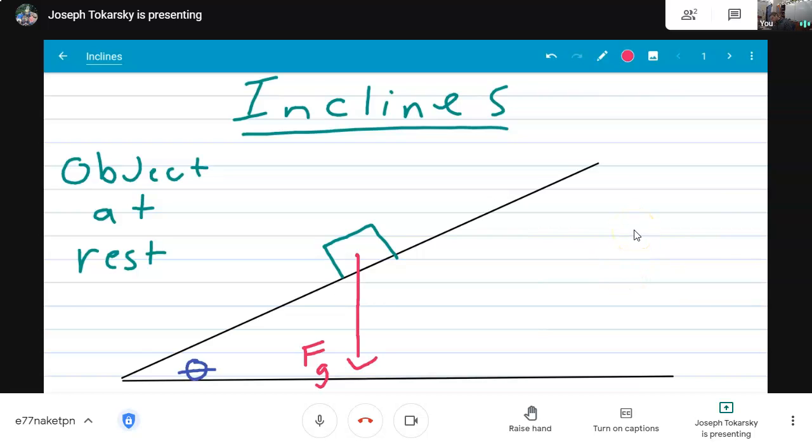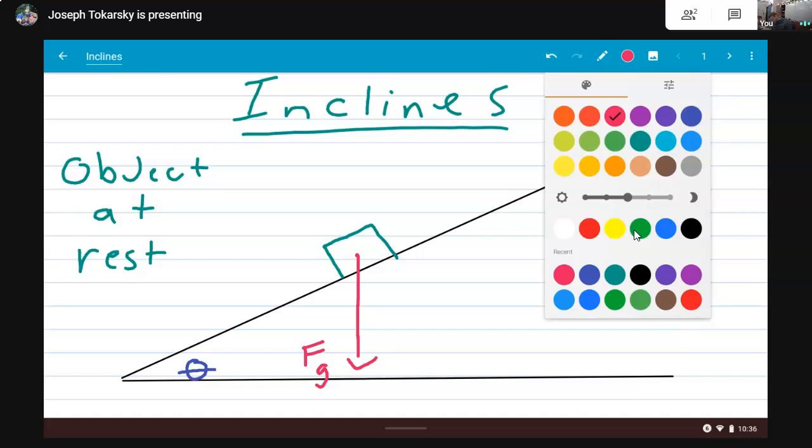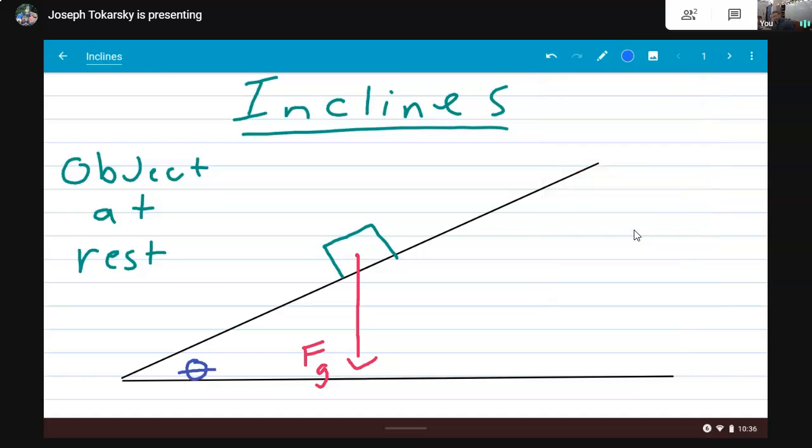Now, the next force, that's the one that's still familiar with us, hopefully, that we're going to draw is the normal force. This object's not falling through the incline. Now, this is where it starts to get a little bit different from what we're familiar with, though. On a flat surface, normal force was always directly up.